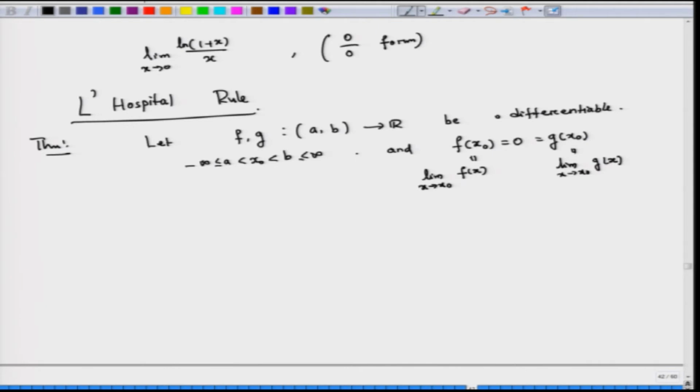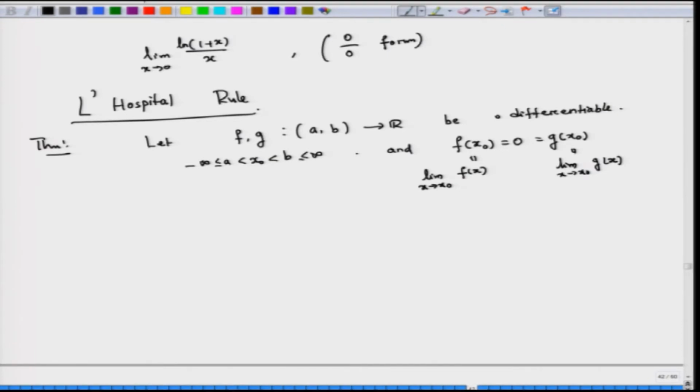For example, f of x equal to ln(1 plus x) and g of x equal to x. Both these conditions are satisfied, they are differentiable. Here a has to be greater than minus 1 and b can be infinity.